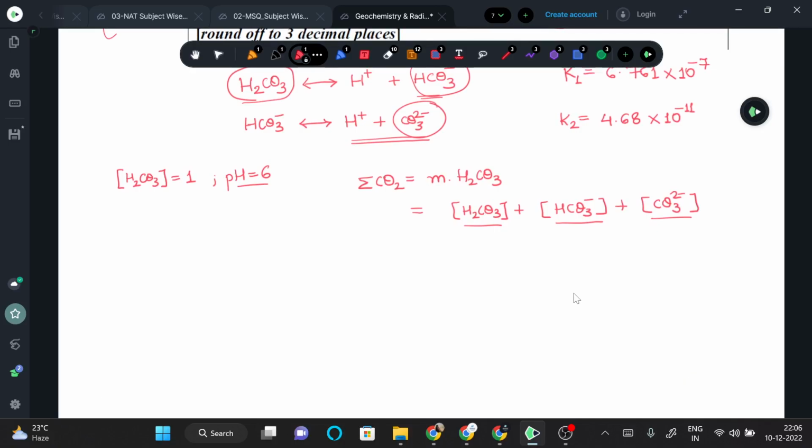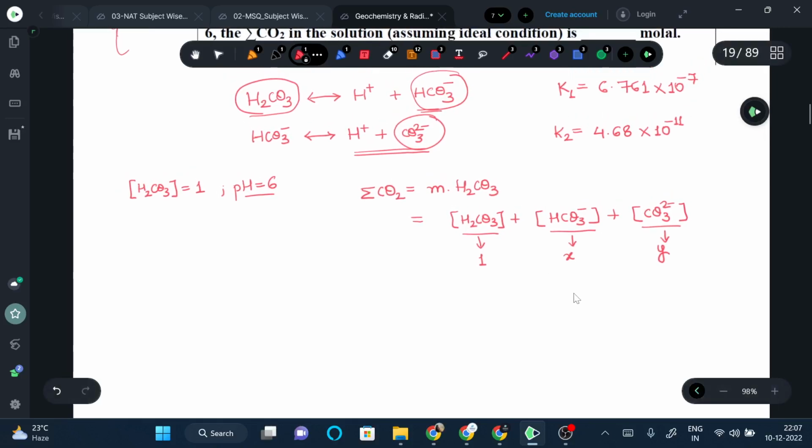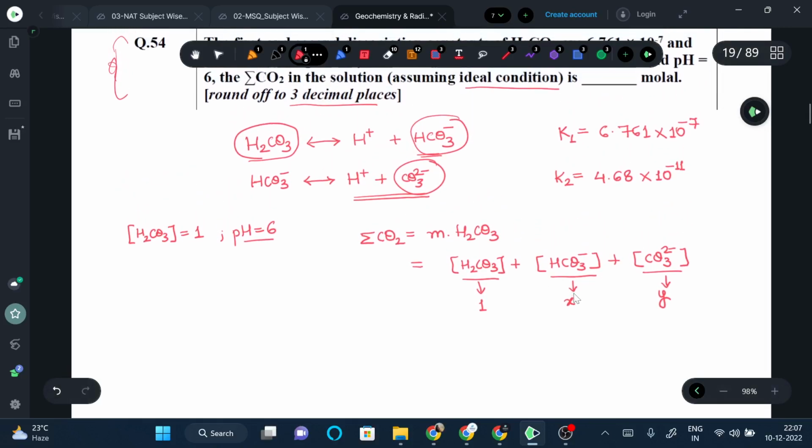So now for H2CO3, these are the individual concentrations for these three. H2CO3, we already know the concentration is given as 1 molal. Let us assume this to be X and this to be Y. If we get X and Y, we will get the final answer. So how to get the concentrations of X and Y?